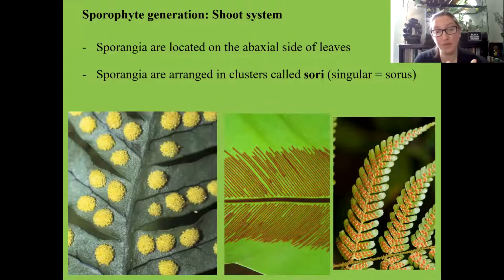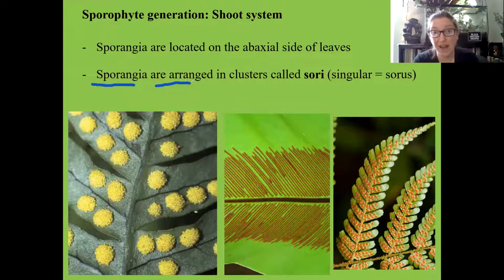Here you go. So this is the bottom of leaves, abaxial, the bottom side of leaves, showing you where the sporangia are located. And here we have another new term, which is sori. So in the ferns, usually the sporangia are arranged together.